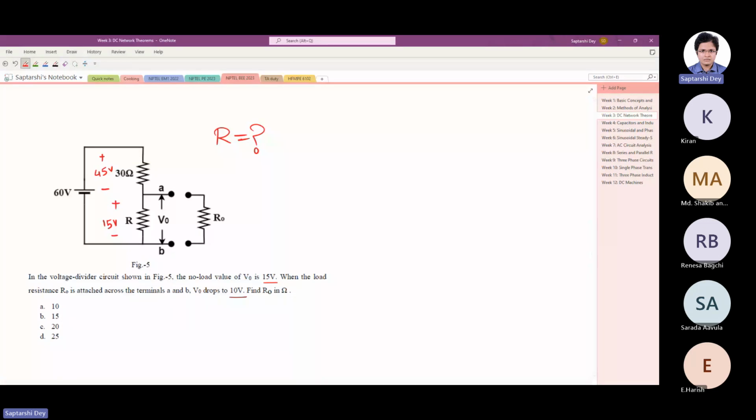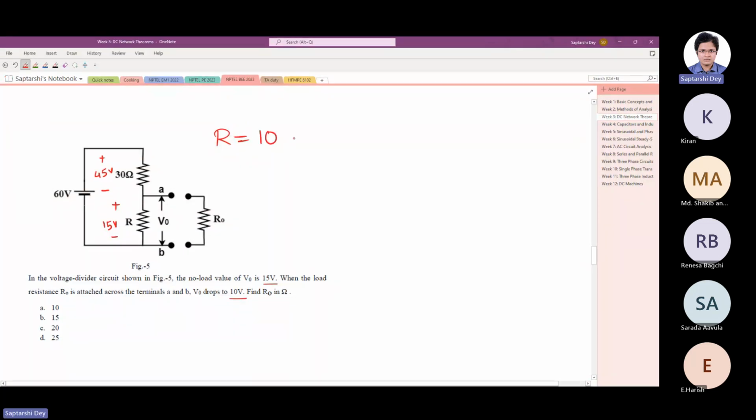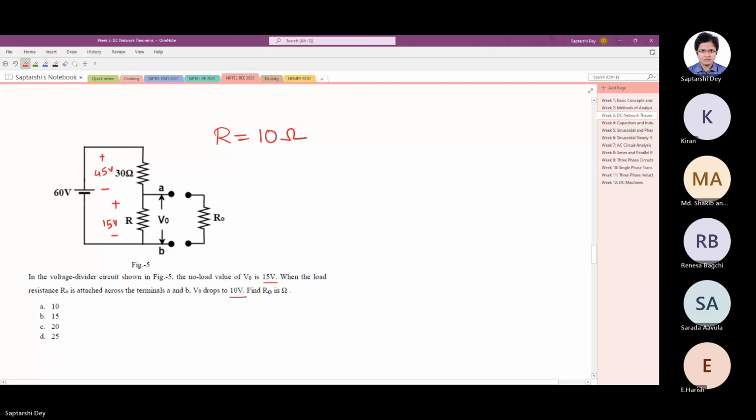So the voltage drop across R is 1/3 that across 30. So R must be 10 ohm, right? Or you can do it in a more methodical way, that if this is 15 volt, then the voltage across 30 ohm is 45 volt.